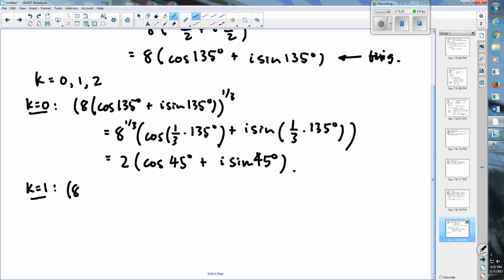Here we have 8 times the cosine of 135 degrees plus I sine 135 degrees.